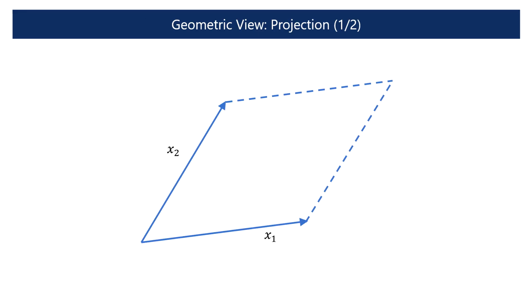There is a plane formed by the feature vectors x1 and x2. Let's simplify this to a two-dimensional plane. In reality, this is a plane made up of high-dimensional vectors containing many observations, but for simplicity, we will represent it as a two-dimensional plane.